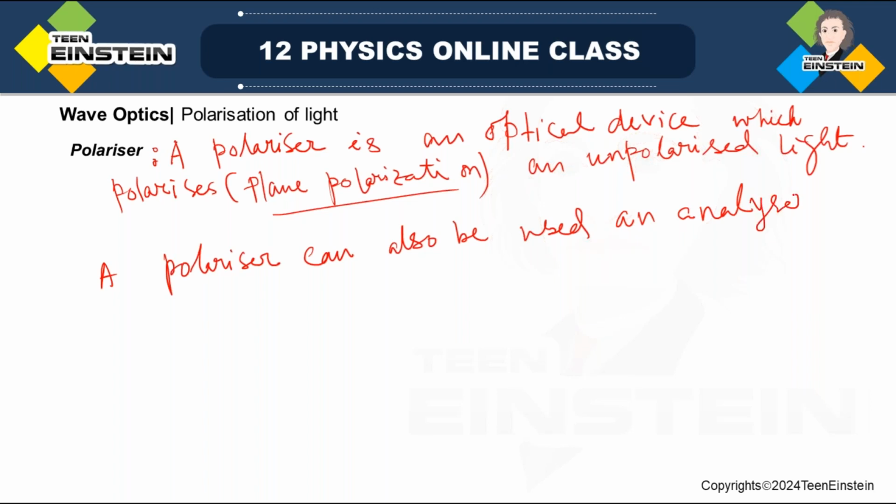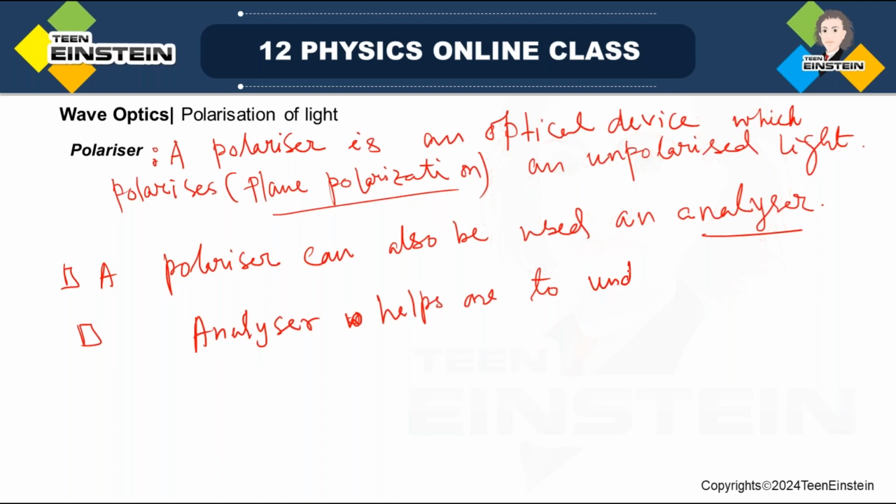What is an analyzer? It can analyze the polarization. An analyzer helps one to understand, or to know, whether a light is polarized or not.